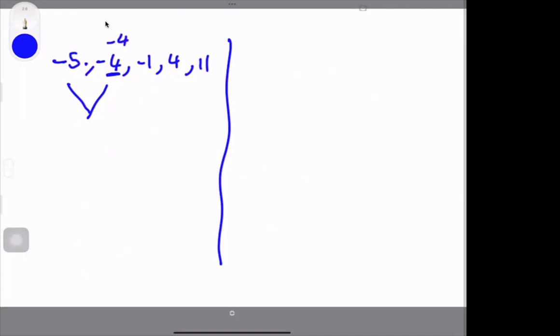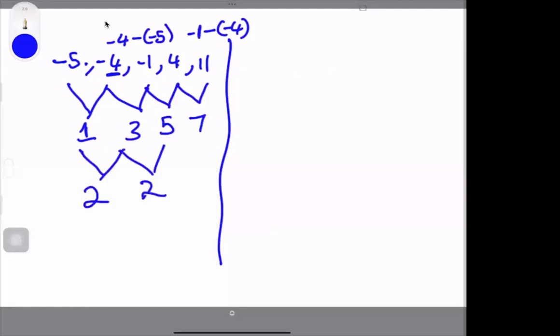Then 3 minus 1 is 2, 5 minus 3 is 2, and 7 minus 5 is 2. I'm pretty sure you guys are comfortable with what I'm doing here. Thumbs up if you're happy with that.